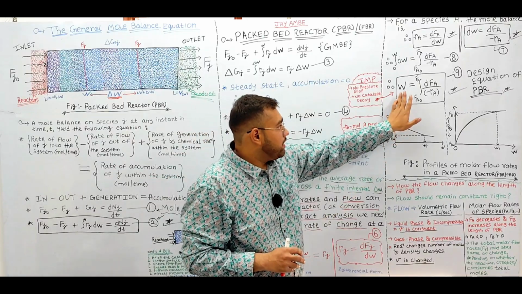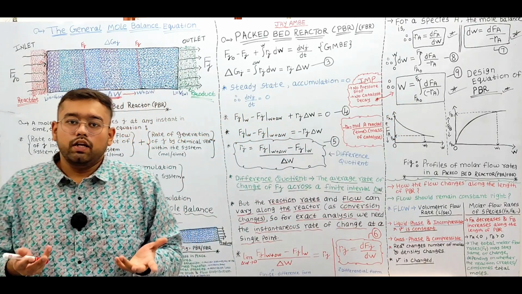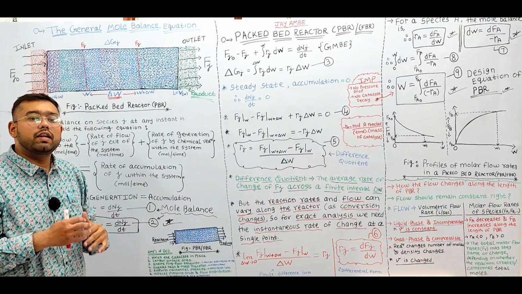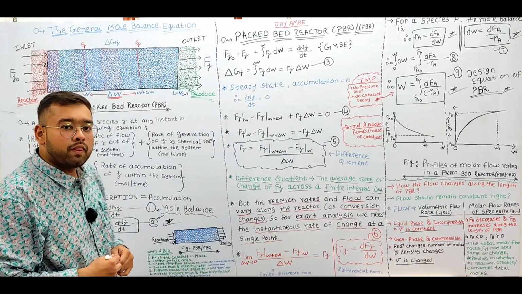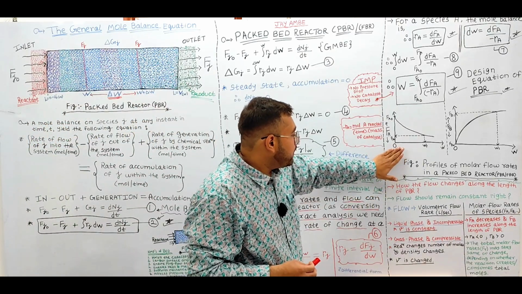So by using this equation, we can calculate how much catalyst is required in order to achieve the desired conversion and the desired product efficiency, okay? I hope you understood. Now we'll understand these figures.